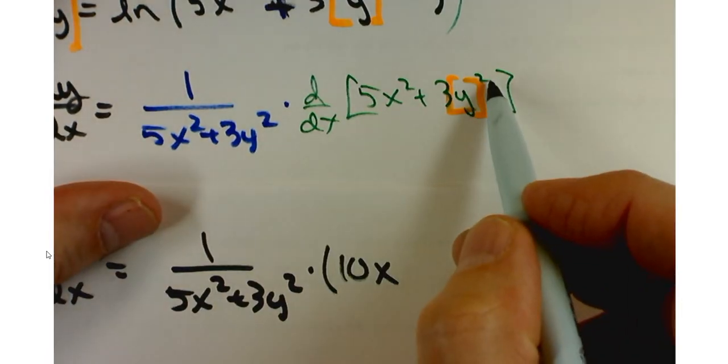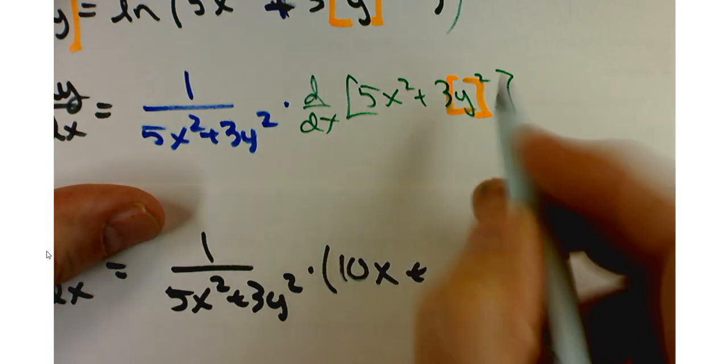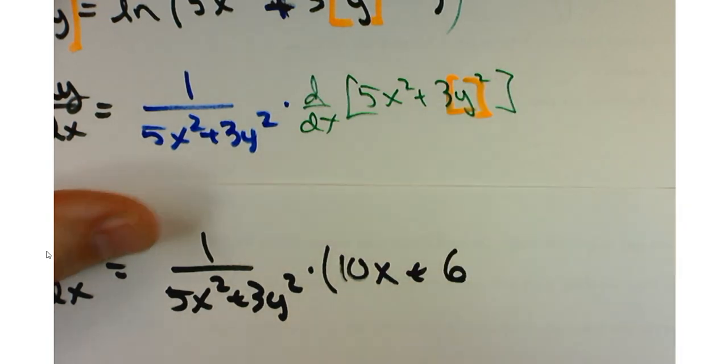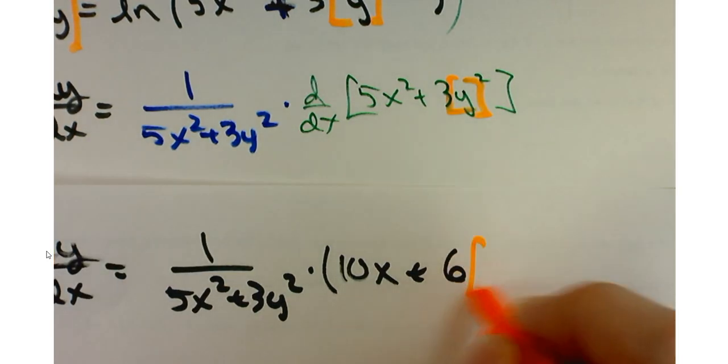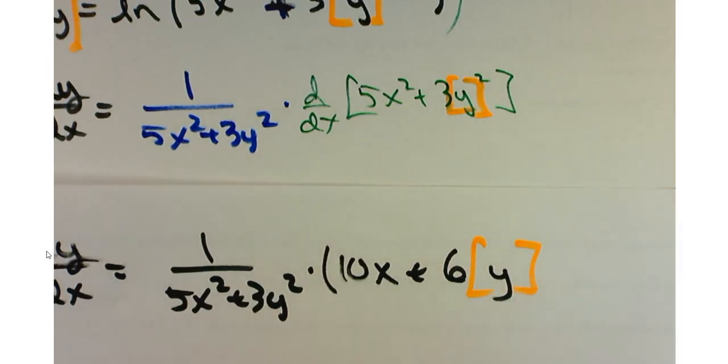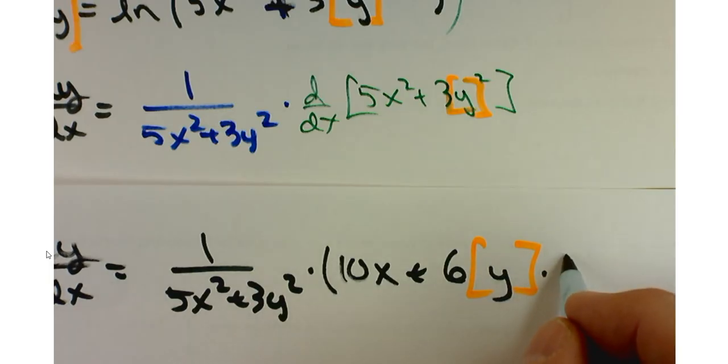Derivative of the outside is going to be 6 times y to the first power, right? I'm not going to write to the first power because that kind of looks like a prime, times the derivative of the inside. What's the derivative of the inside going to be? dy by dx.